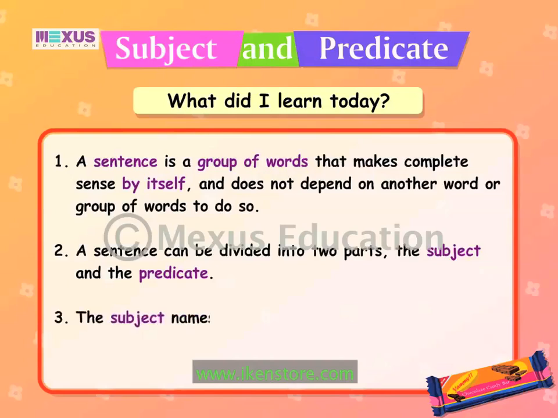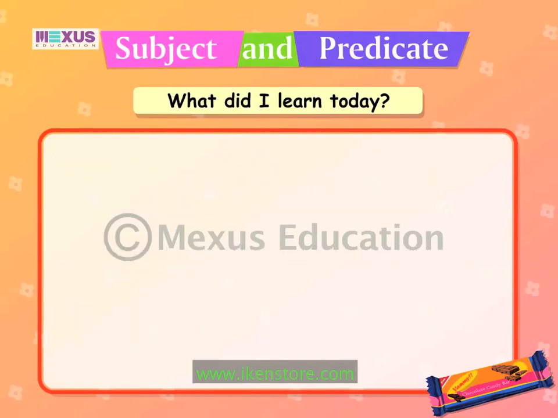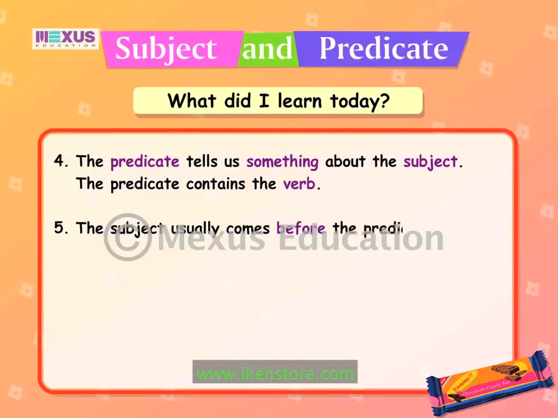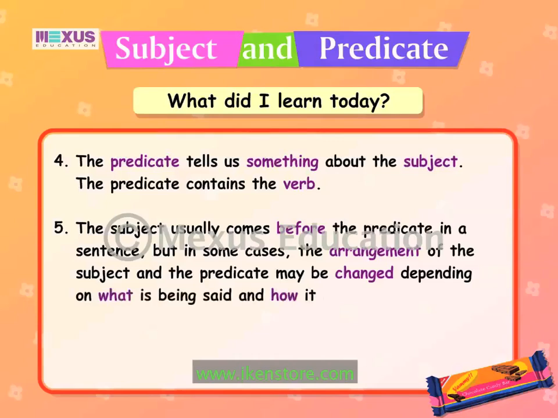The subject names the person, place, animal or thing we are talking about in the sentence. The predicate tells us something about the subject. The predicate contains the verb. The subject usually comes before the predicate in a sentence. But in some cases, the arrangement of the subject and the predicate may be changed depending on what is being said and how it is being said.